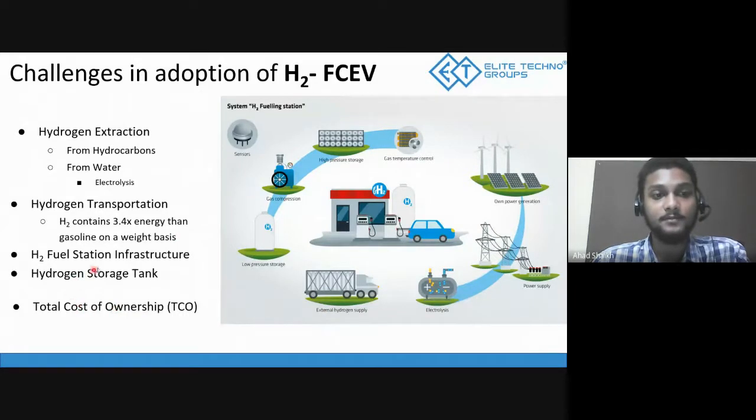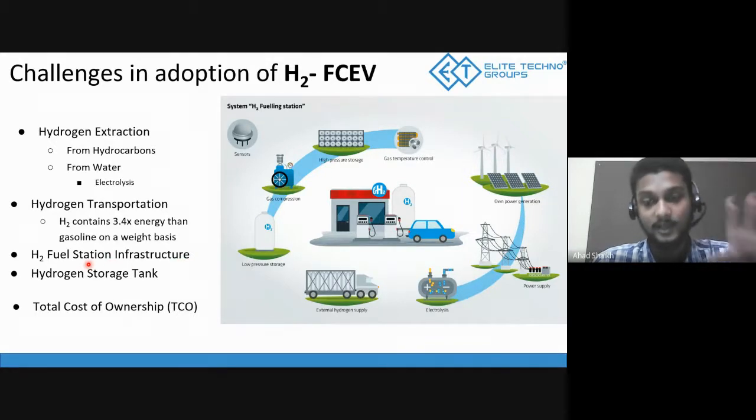And fuel cell infrastructure. Now we are shifting towards electric vehicles, and we are struggling with setting up the charging infrastructure, right? In most of the cities, we still don't have a facility to charge a vehicle at public places. So we are struggling in making the charging infrastructure.